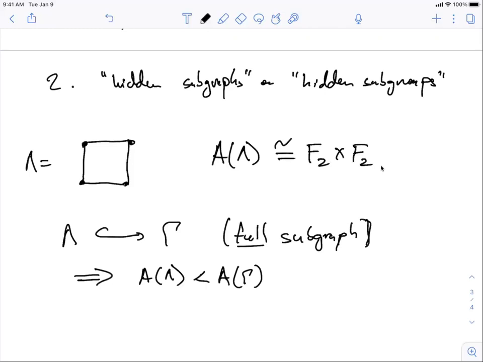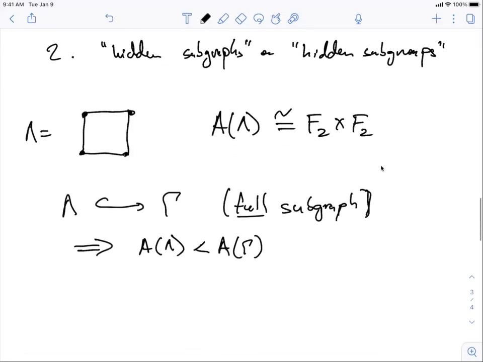These 2 lines that I've written at the very bottom of this slide are true for all graphs, not just lambda equal to the square. But specializing to the case of the square, we immediately get that if lambda is a full subgraph of gamma, then A of lambda is automatically a subgroup of A of gamma.